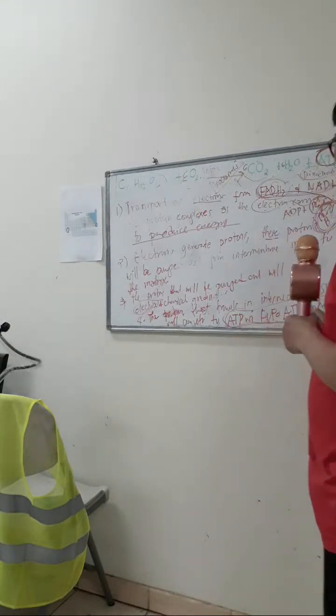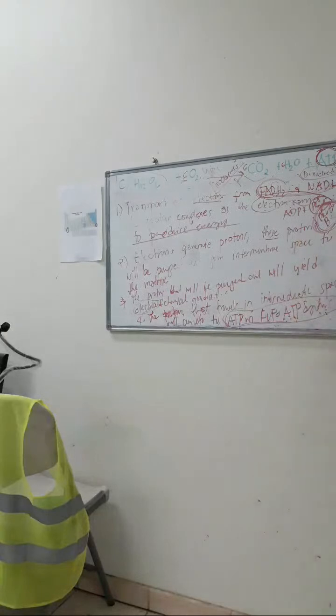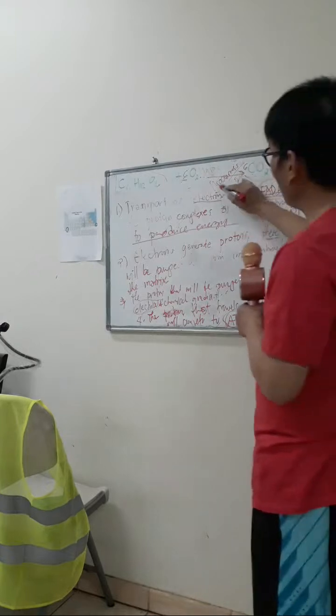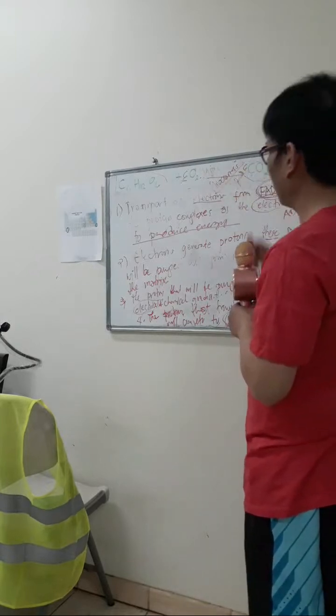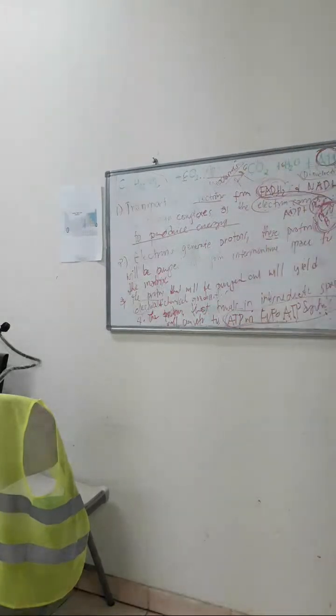Chemiosmosis is a process in which the protons travel through the ridged spaces and convert the ADP and phosphates to ATP, to produce this energy. Energy meaning the ATP. The answer will be chemiosmosis, or you can simply call it oxidative phosphorylation.